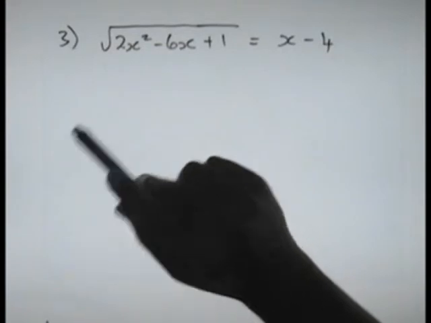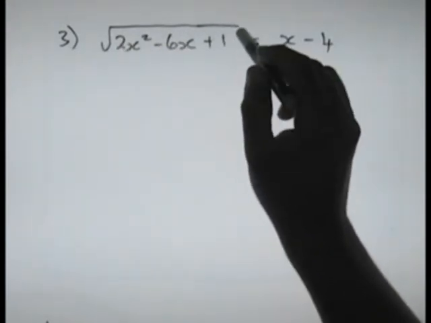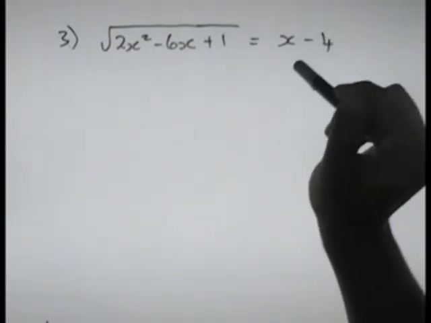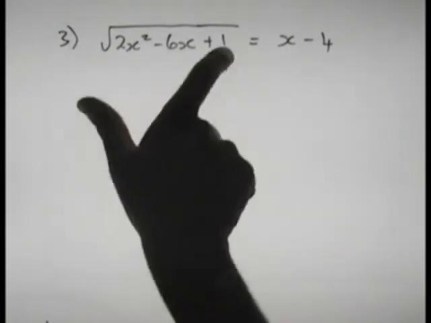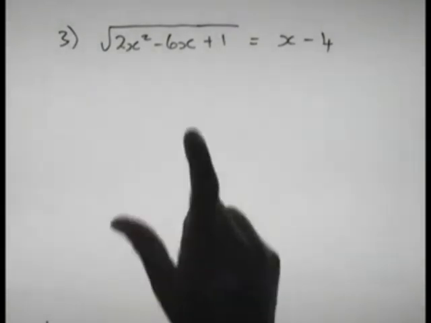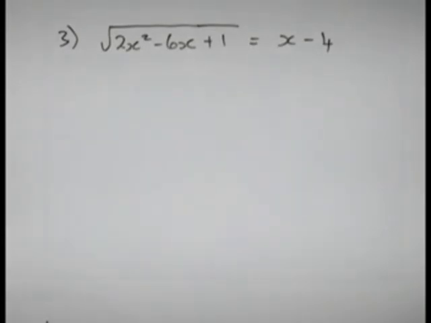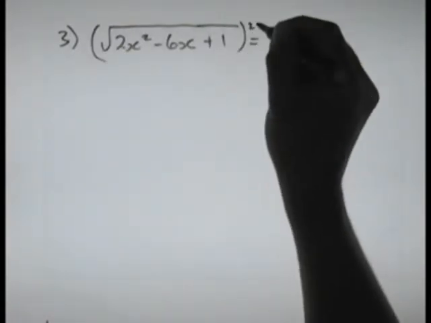So I want to get rid of that square root. The way I'm going to do this is by squaring both sides. Now I can only do this if the square root is on its own. If it's not, I've first got to get the square root on its own before I square both sides.